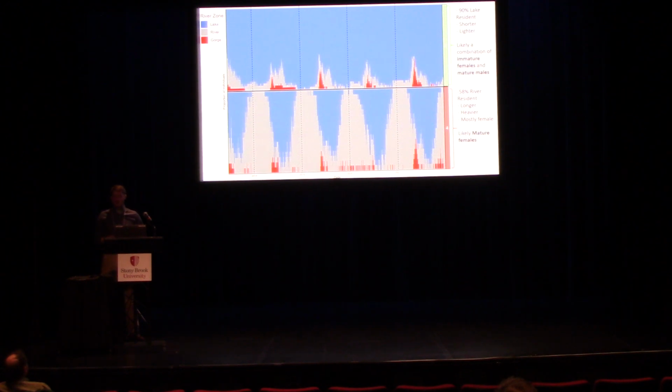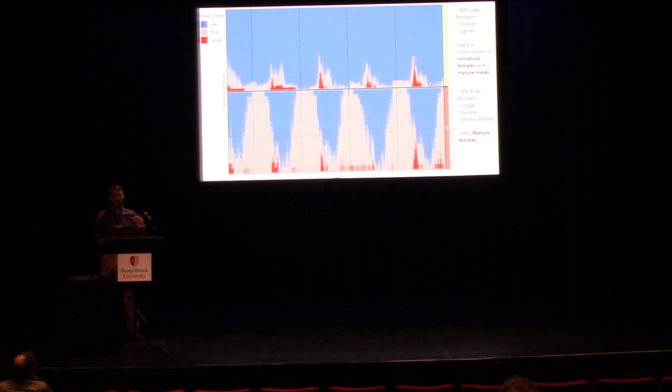They seem to be shorter and lighter, and we think they're a combination of immature females and immature males. That might account for why there are no significant differences in age, because you have those mature males mixed in with those immature females. The other group is river resident; we think they're longer, heavier, and mostly female, likely mature females.